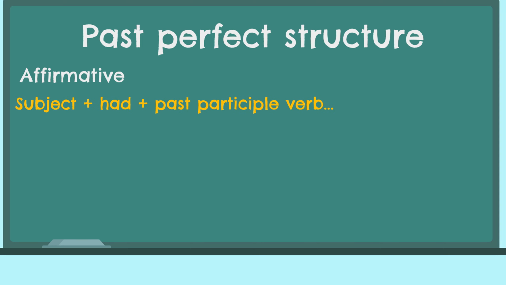Now let's look at the structure of a sentence in the past perfect. Affirmative sentences. The subject plus had plus the past participle verb plus the rest of the sentence. Let's take a look at some examples.